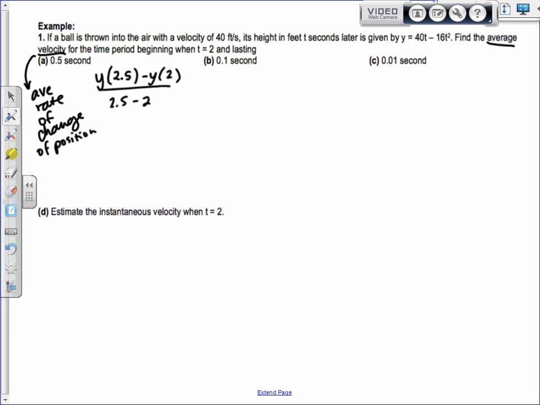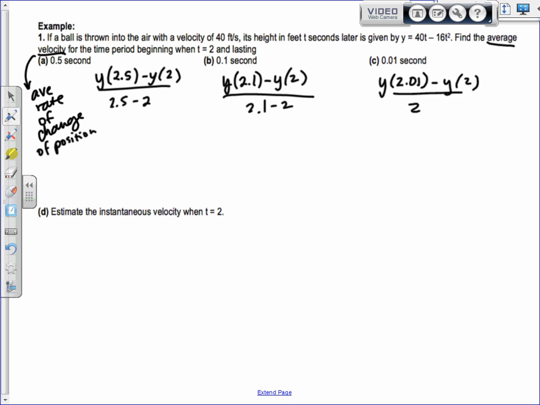We're just finding the two y values divided by the two x values difference. The next one's going to be y of 2.1 minus y of 2, right, it's lasting 0.1 seconds, 2.1 minus 2. The next one's going to be y of 2.01 minus y of 2, all over 2.01 minus 2.